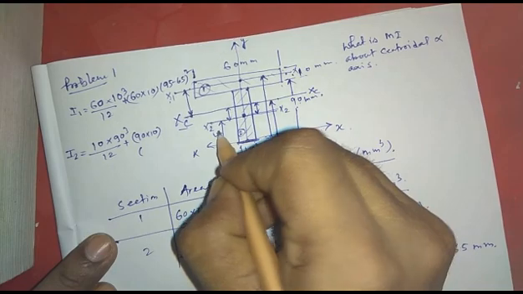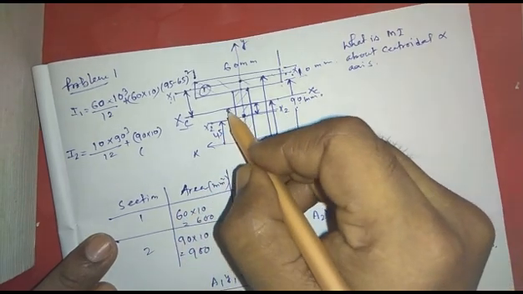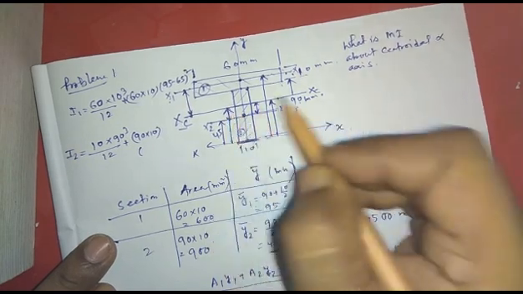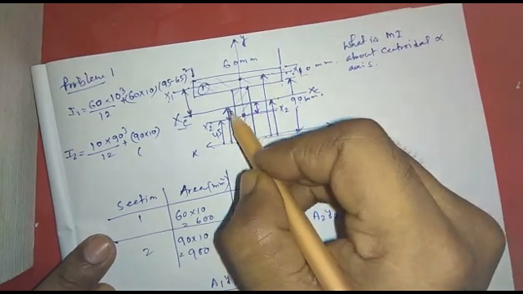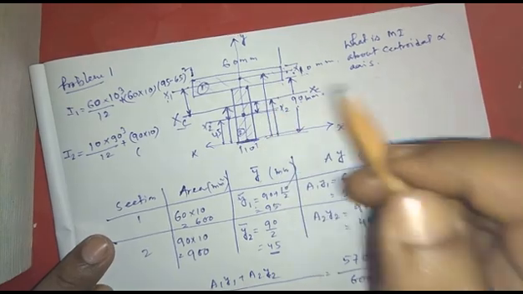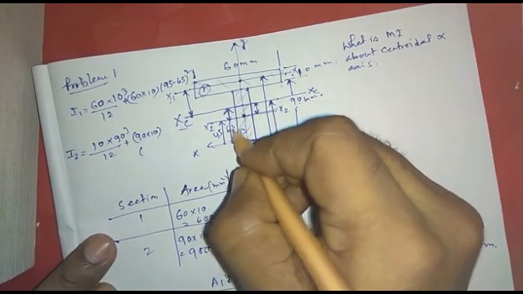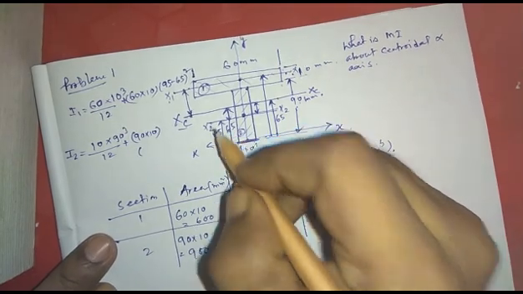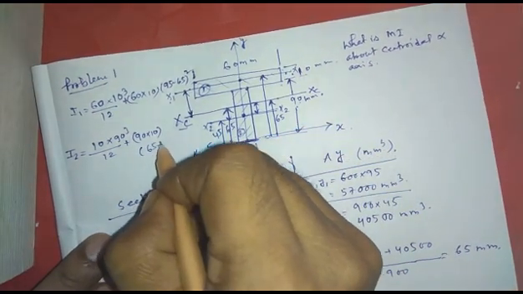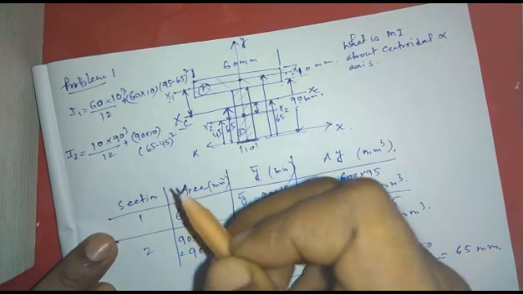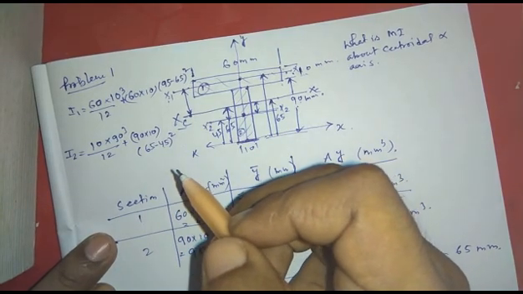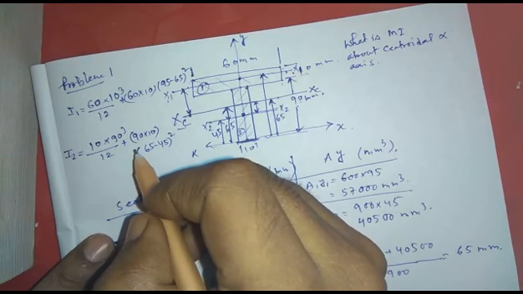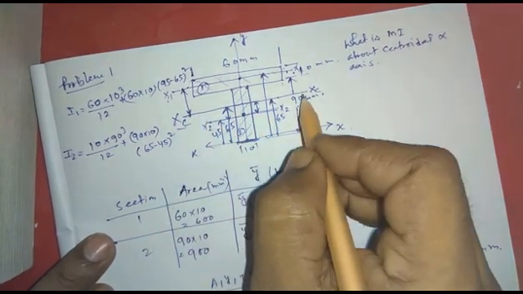So this is 45, and this distance from this base to this one was 65. So 65 minus 45, squared. So this is the moment of inertia of section 2 about the centroidal x-axis.